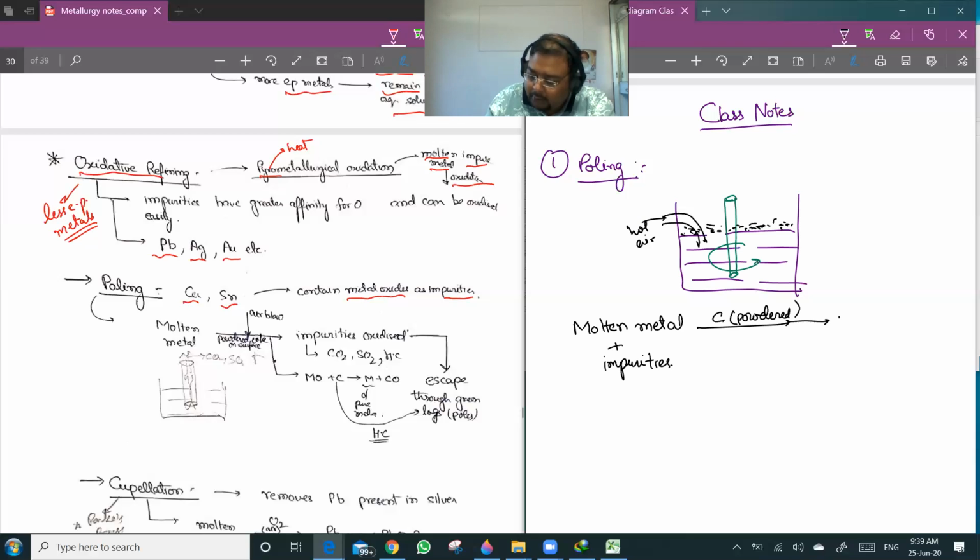The metal oxide impurities will be reduced by carbon to produce the metal, M plus Cu.